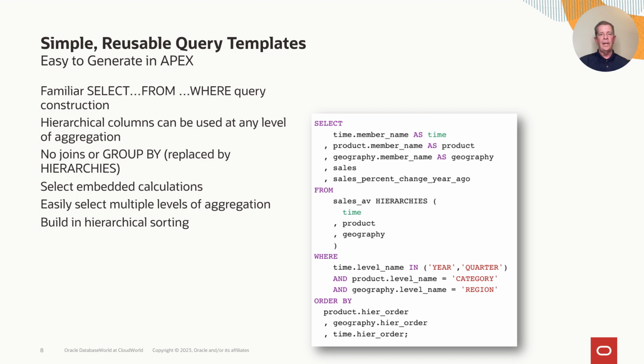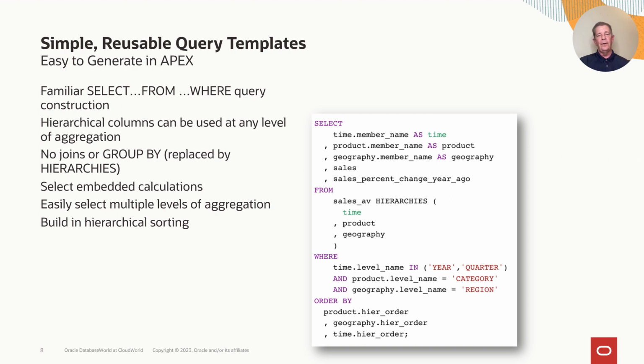This is just SQL, and the analytic view is absolutely no different from that. We have these really interesting hierarchical columns that the analytic view manufactures for you, automatically. So if we go top down, we have things like member name. These present the pleasant, user-friendly representations of the data. We have sales, a measure out of the fact table, and a calculation, sales percent change year ago.